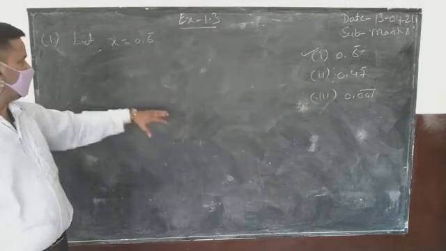Both sides multiply: 10x equal to 0.6 bar into 10. When you multiply with 10, one 6 will be transferred to the left side, giving 6.6 bar. This is equation second.